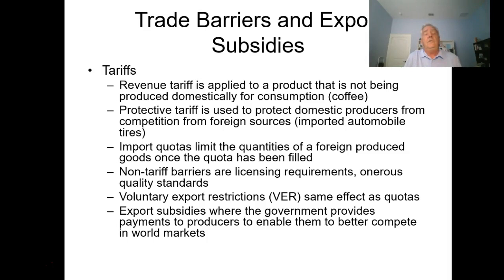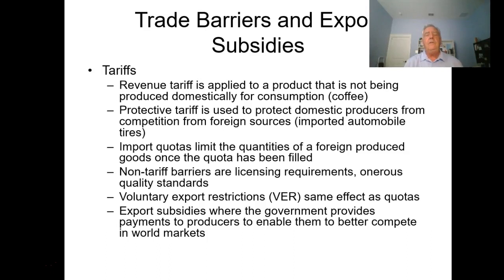This was used in the case of India. It's called licensing. It's important that you get a license in order to import into the country. The problem is it's very difficult to get the license. Okay, they have onerous quality standards. That's the way to protect their country and keep the products out. Next, we have voluntary export restrictions, VERs, which have the same effect as quotas.